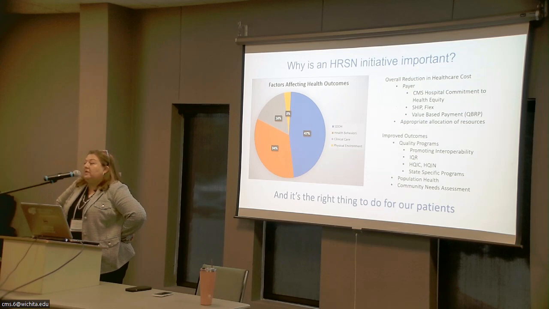So anything we could do to reduce our costs, like unnecessary readmissions, unnecessary labs, unnecessary things that a lot of times we were eating anyway. Making sure that we're addressing those health-related social needs, and if that keeps our patients getting care where it's most appropriate, that helps reduce cost.